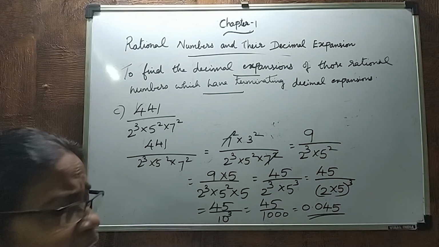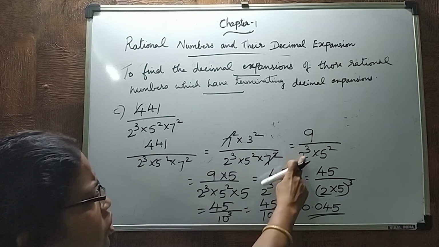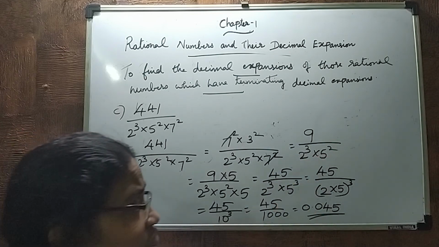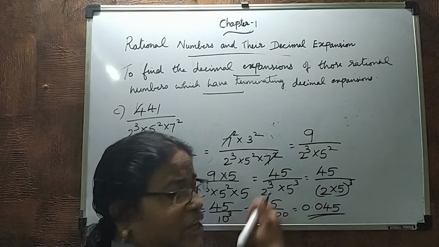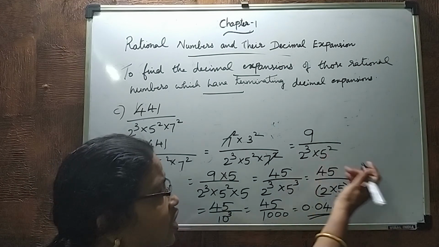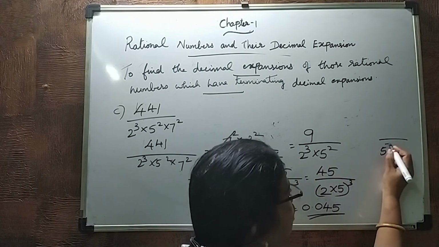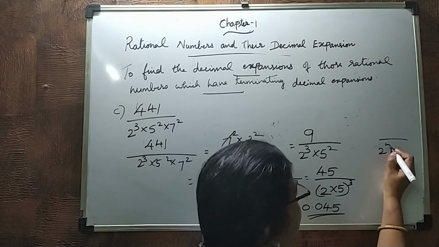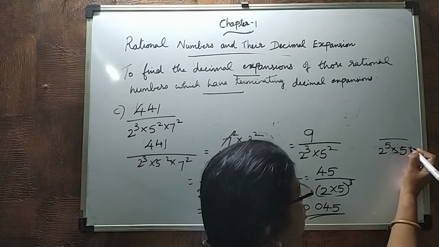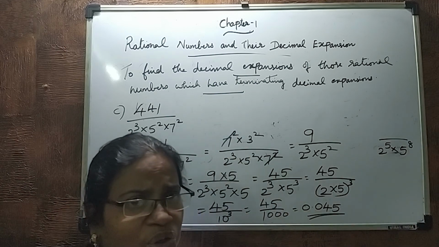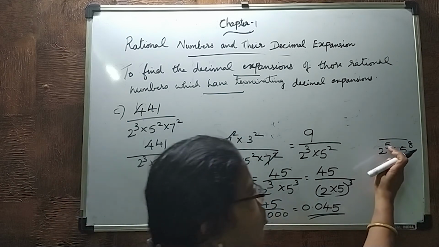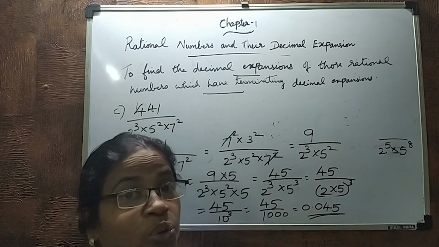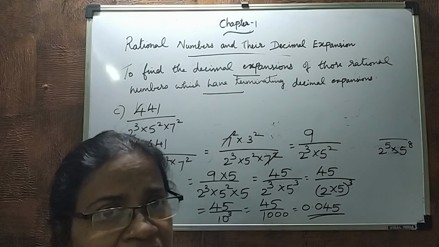So the thing is that here in 2 raised to 3 into 5 square, find out the highest exponent. Suppose here it is 5 raised to 8 and 2 raised to 5 is there. What are you going to do? So make this 2 raised to 5 into 2 raised to 3.